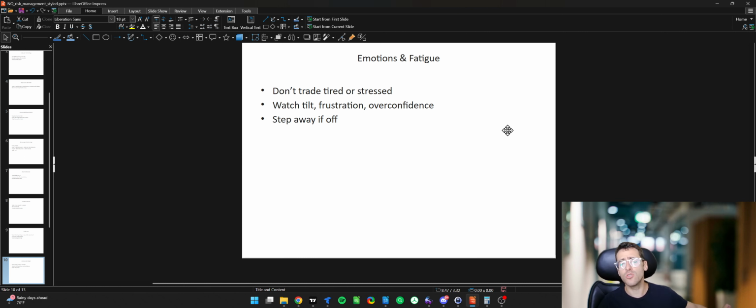Emotions and fatigue. This is super important, and I think a lot of people skip over this. If you're tired and you slept like shit, do not trade. Okay, I've made this mistake before. My mental faculties are not at 100%. I didn't sleep good. I could have drank the day before.